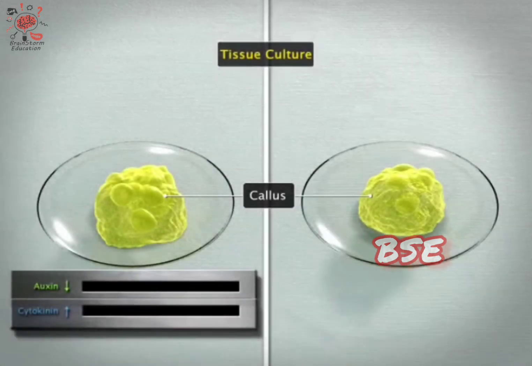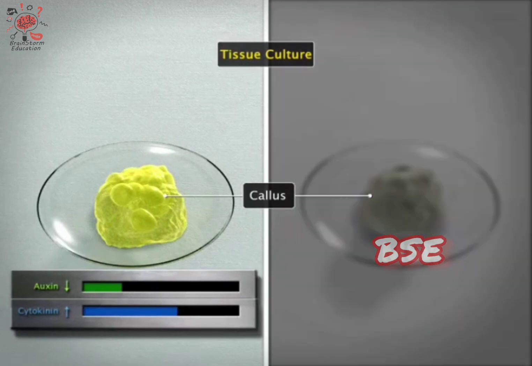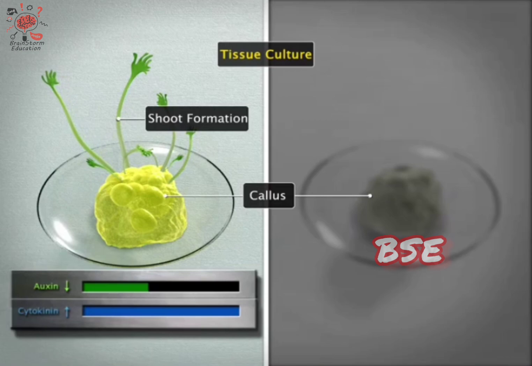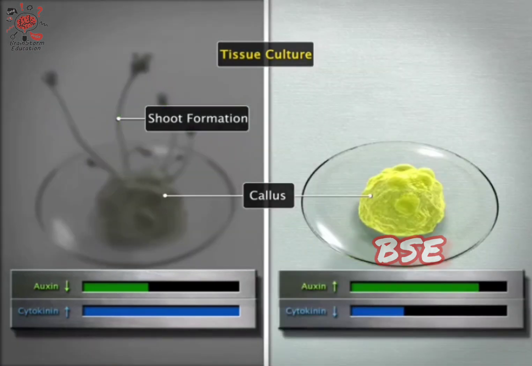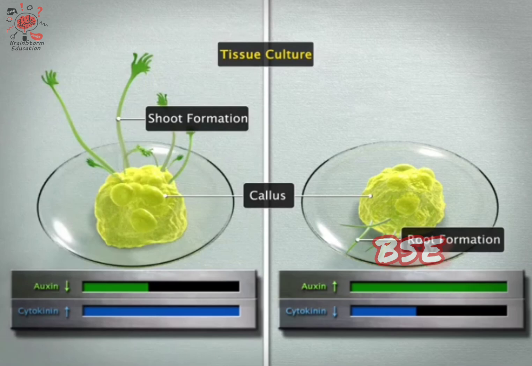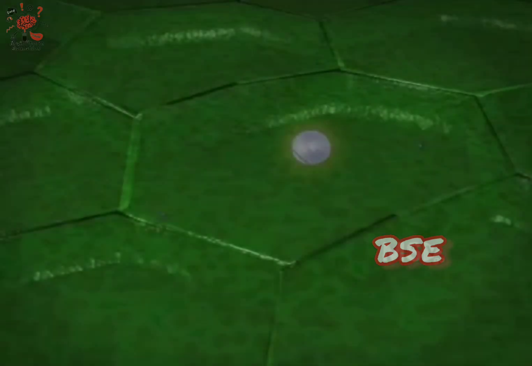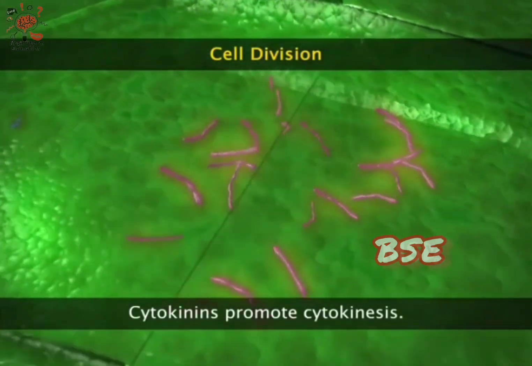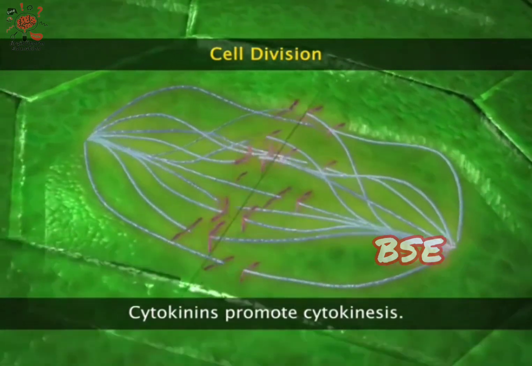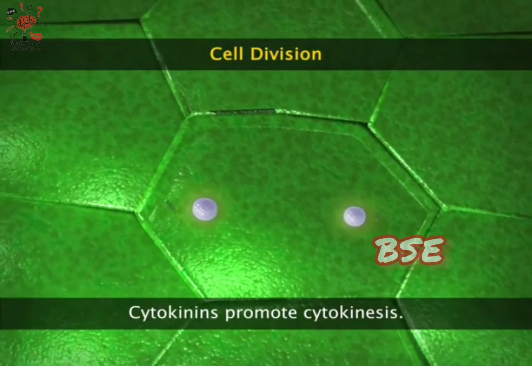In tissue culture experiments, a high level of cytokinin in relation to auxin promotes shoot formation, whereas a high level of auxin in relation to cytokinin promotes root formation. As the name itself implies, cytokinins promote cell division or cytokinesis in the presence of auxin.